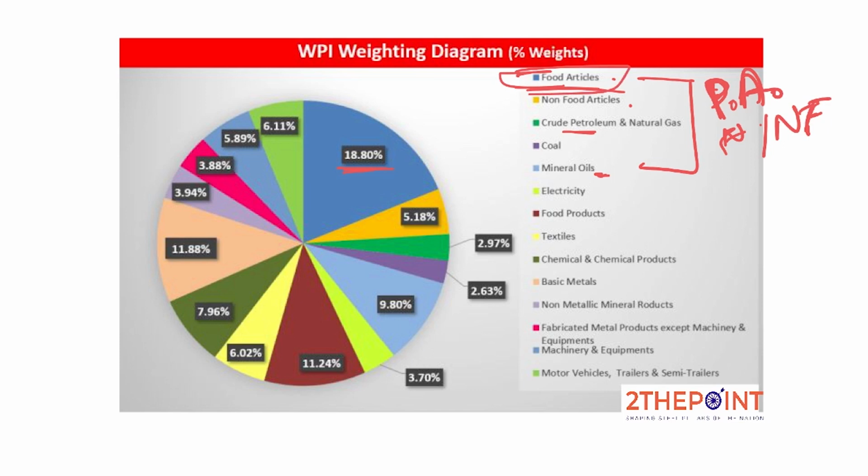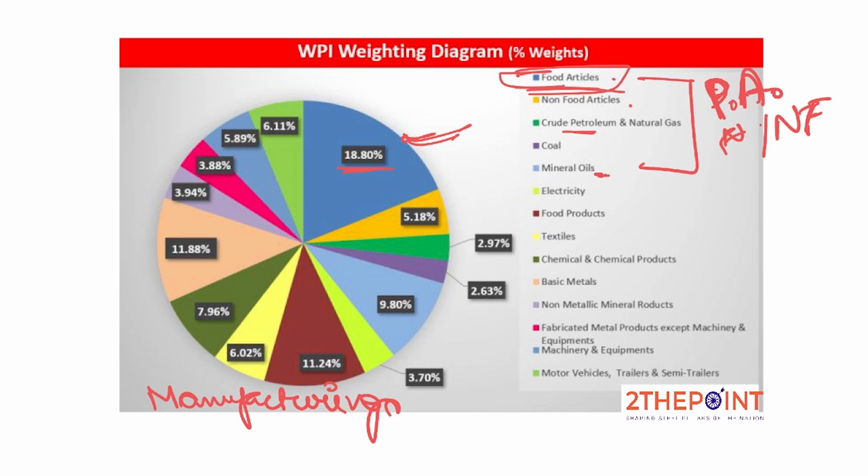So yes, food will constitute a major part of the WPI, but the majority of it goes to the manufacturing sector. That is the one that carries the most weightage compared to the other two.